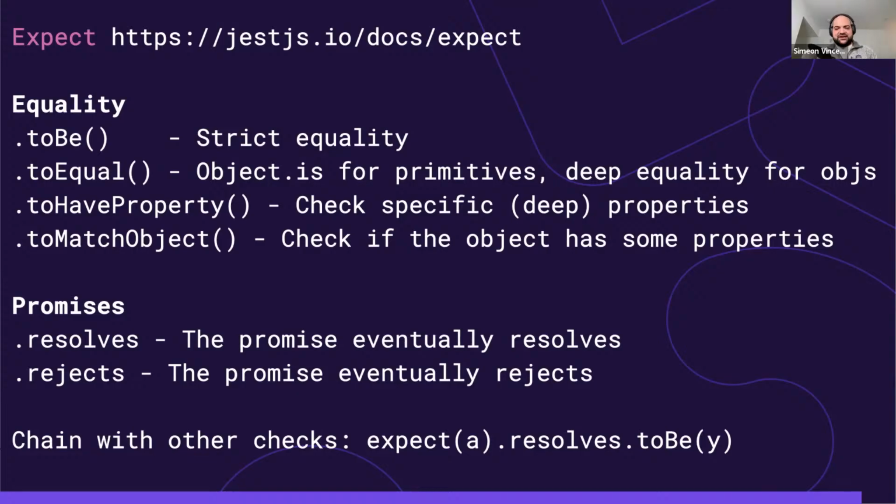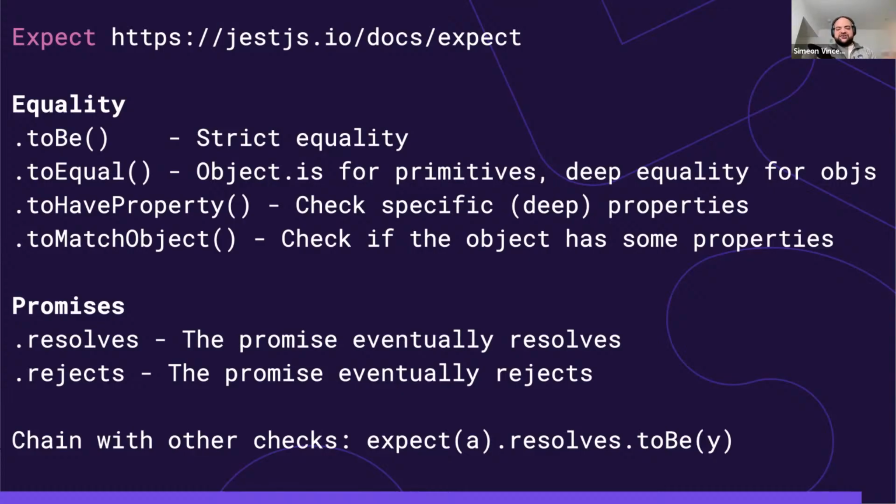And toMatchObject allows you to check if you have an object that contains A, and that is an object that contains B, you can check if that has the same basic shape as the thing that you are matching against. So this can be used to say, make sure that the return object has these three properties because those are going to be relevant to the way my function is operating.